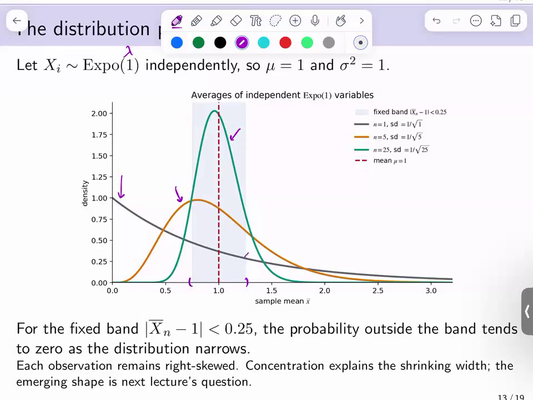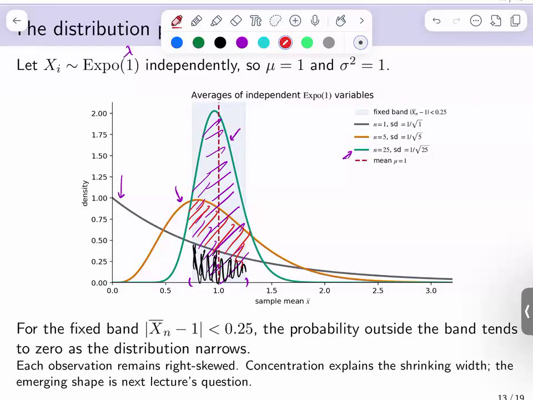The area under this curve is the probability that x bar n for n equal 25 is in that interval. And this is much bigger than the mass under the other one. The mass under the original one is less than the mass under the orange curve, and much less than the mass under the green curve.